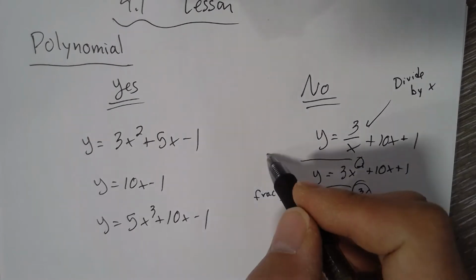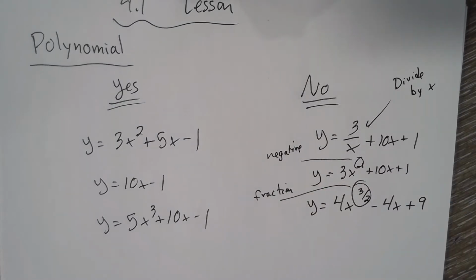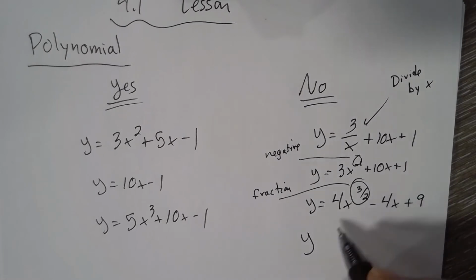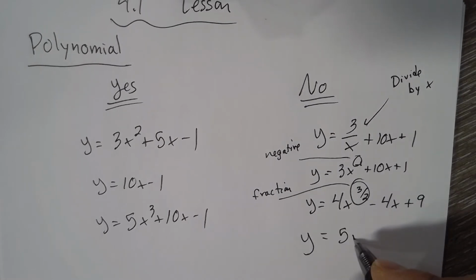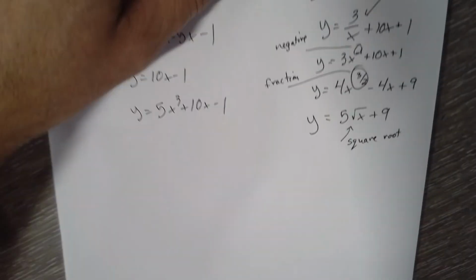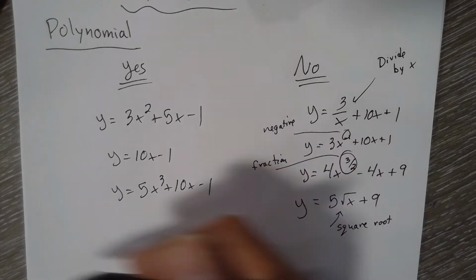Or if it's a negative exponent, then it's not a polynomial. A fractional exponent, we could write it in different ways. We could say it's 5 square root of x plus 9. This is not a polynomial because we have a square root. It could be a cube root, could be a fourth root, but any of those roots are not going to be a polynomial.